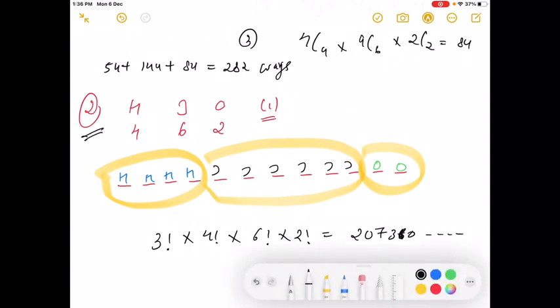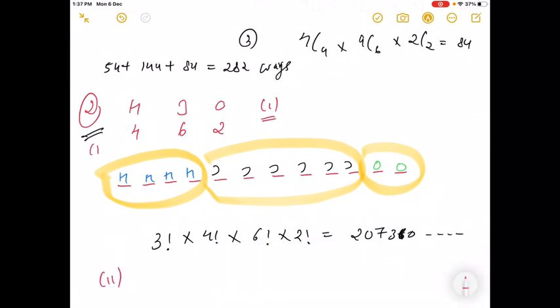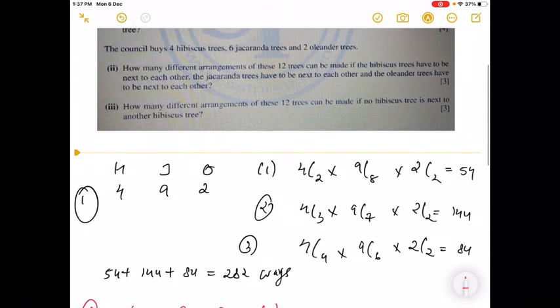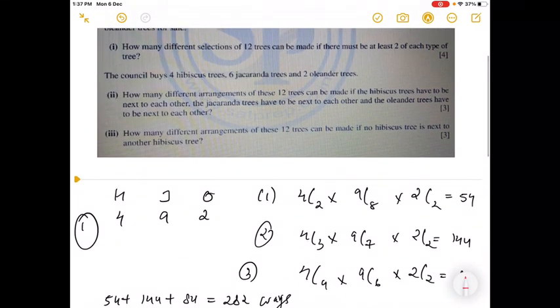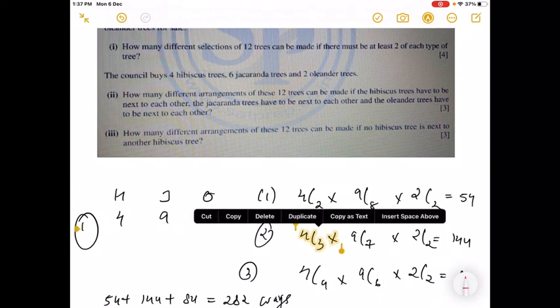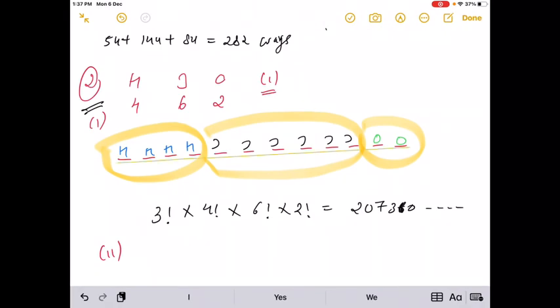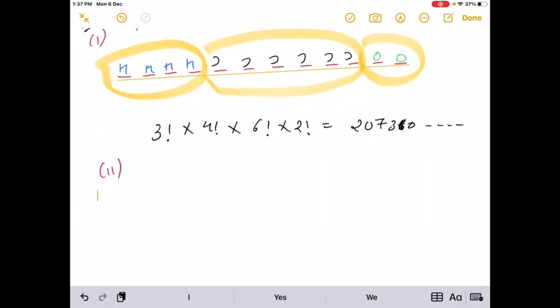Moving to part 2 of question number 2. Now here it says how many different arrangements of these 12 trees can be made if no hibiscus tree is next to another hibiscus tree, means the hibiscus trees are separated.